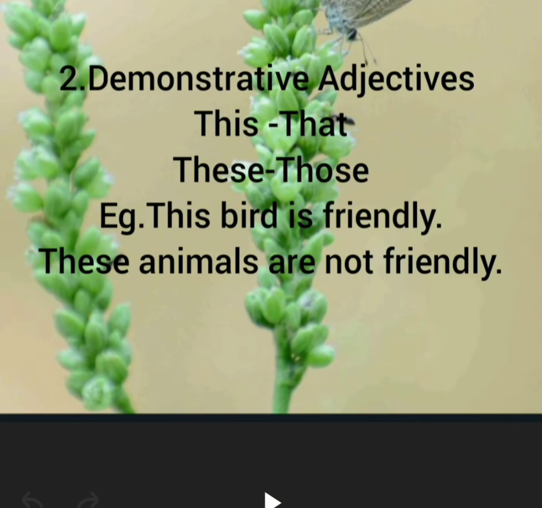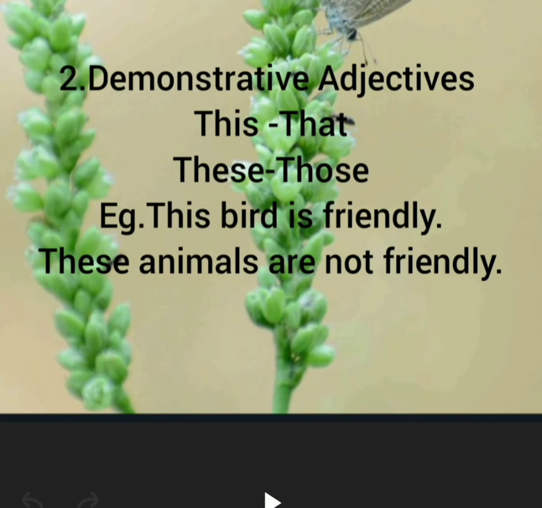The first example is, this bird is friendly. In this sentence, by using the demonstrative adjective this, we have framed a sentence. This bird is friendly. The particular bird which was near to me was very friendly to me.